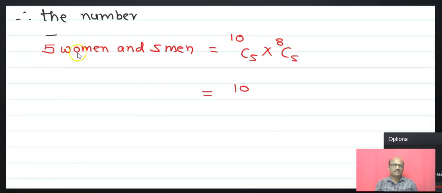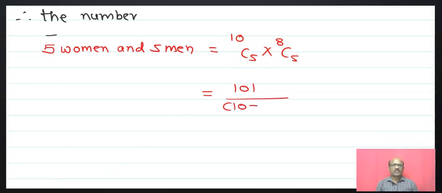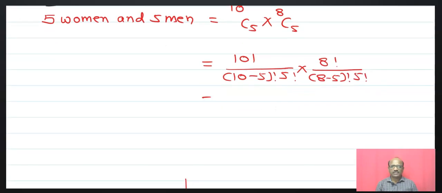Now in the first case, 5 women and 5 men. The women are 10, so 10C5 into 8C5. Therefore you will get 10 factorial upon 10 minus 5 factorial into 5 factorial, and 8 factorial upon 8 minus 5 factorial into 5 factorial.